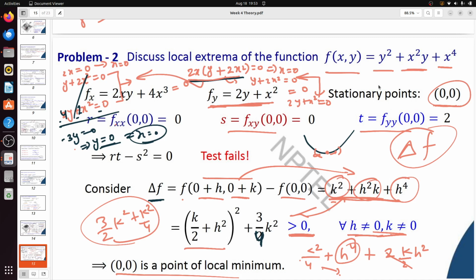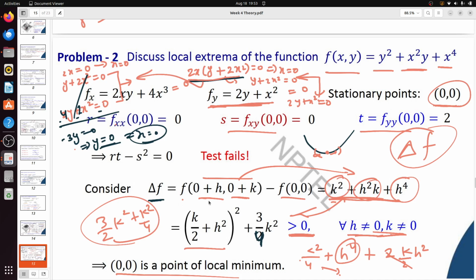That is what you have to prove. So how to prove it? First of all, the test actually fails here, because the stationary point is only (0, 0), and if you calculate rt minus s square, it equals 0.